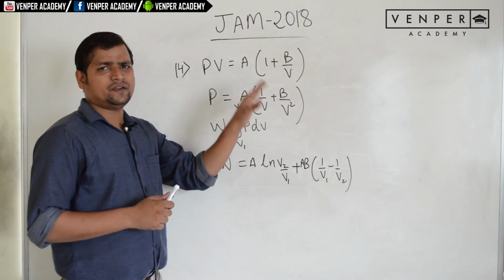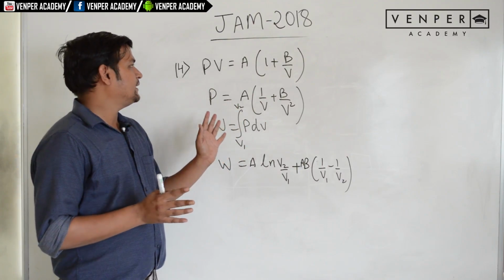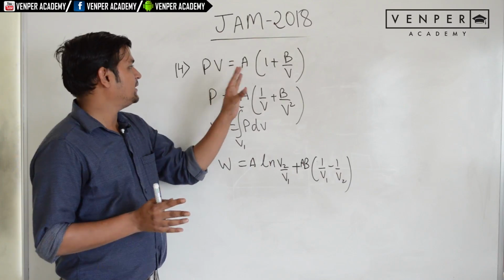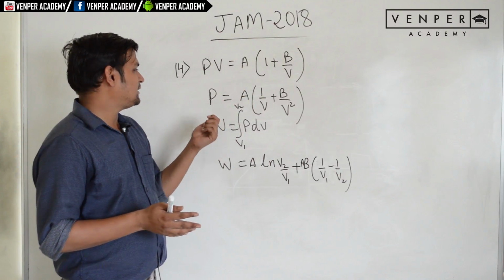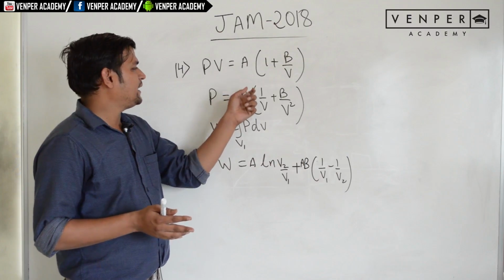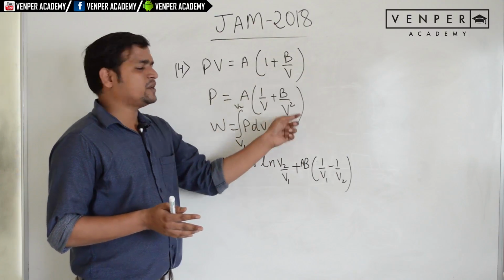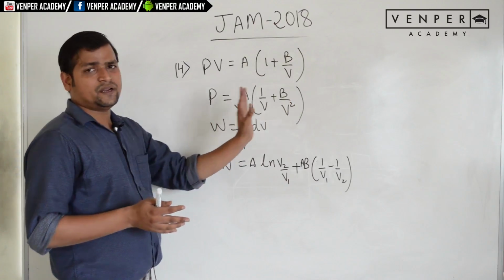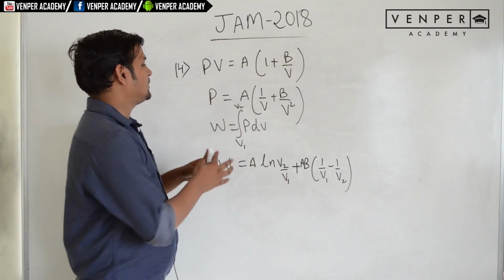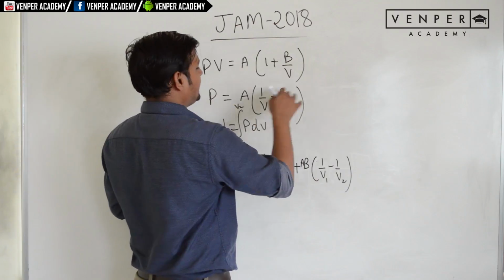Work done, we know, W is equal to integration of P dV, and if it is expanded isothermally, the temperature is constant. So P will be equal to A(1 upon V plus B upon V square). Multiply this with dV and integrate.